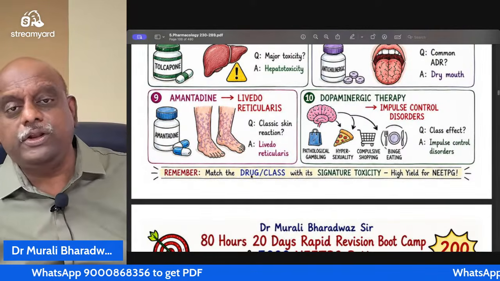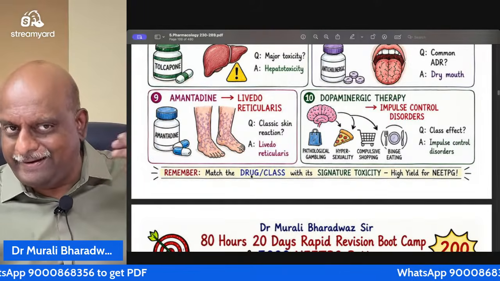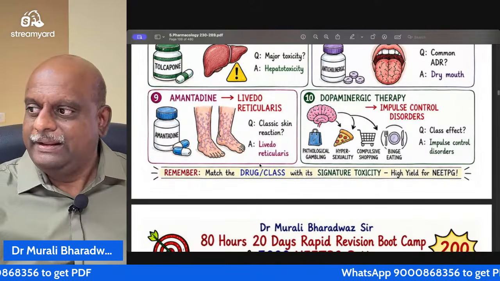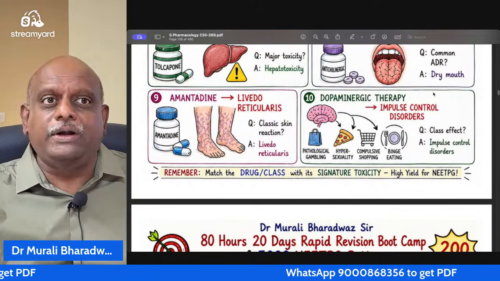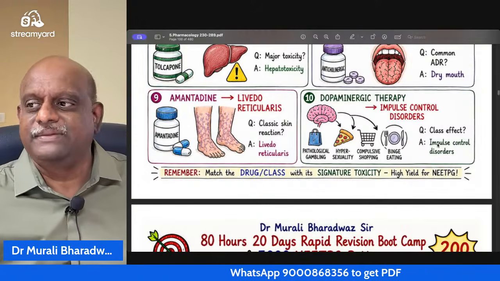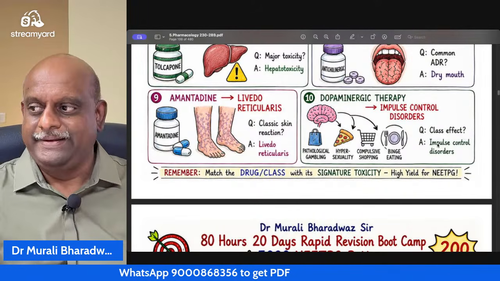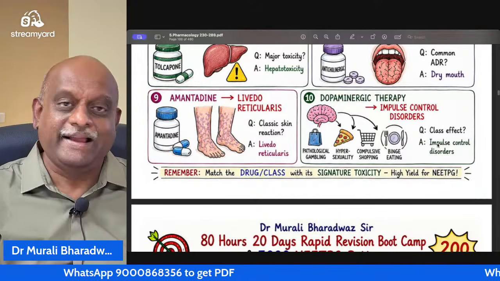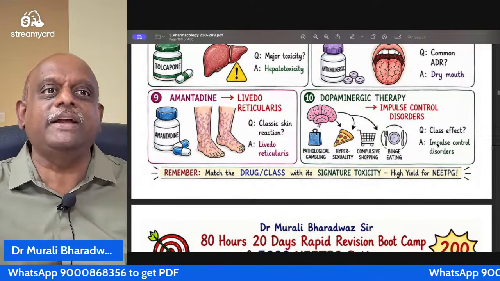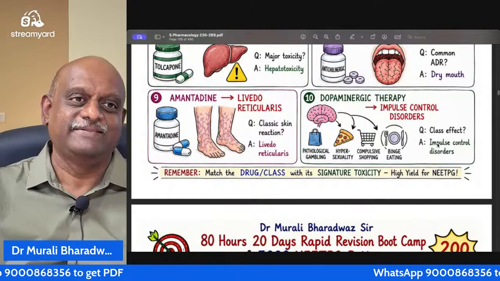And whenever you give dopaminergic drugs, then impulse control disorders will increase, like pathological gambling, hypersexuality, compulsive shopping, binge eating, right?